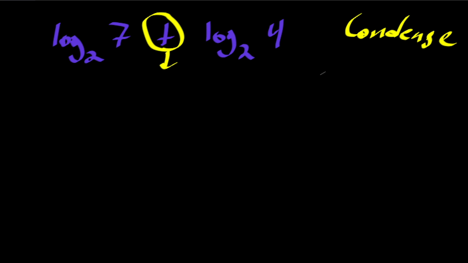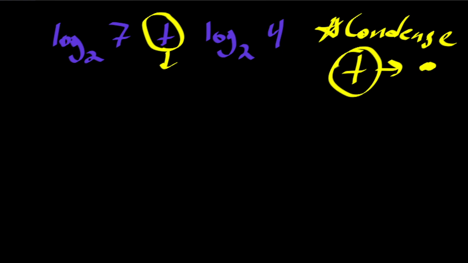For adding, it tells us to multiply. So when you're trying to condense a logarithm, write it down or memorize it, give yourself a quick path: we go from adding to multiplying. You have to group those together in your head.